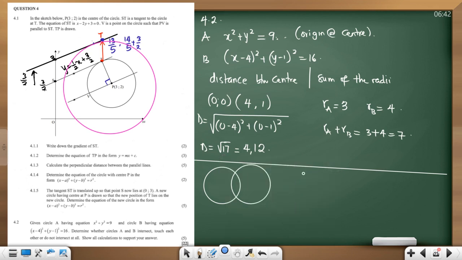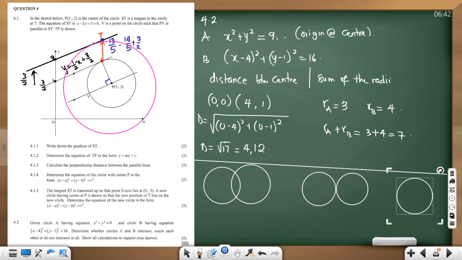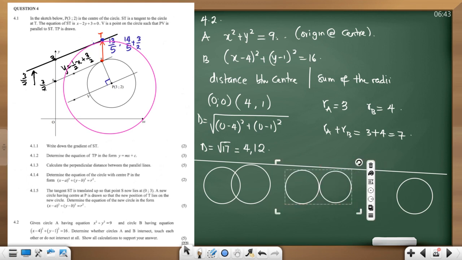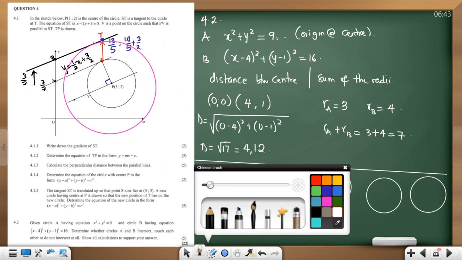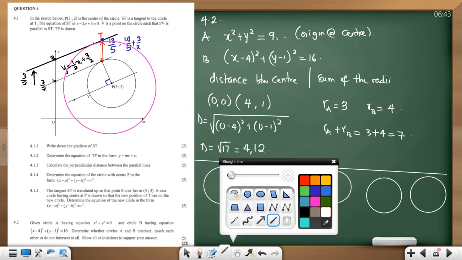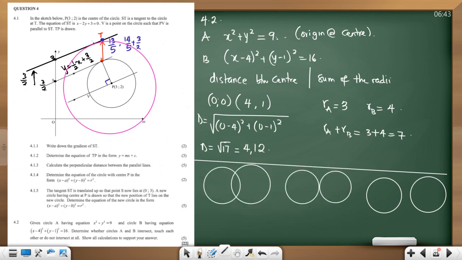If they are just touching each other, and if they are not touching each other at all, we're going to use the same principle for the 3 of them. I'm just quickly going to draw. Just give me a few seconds.